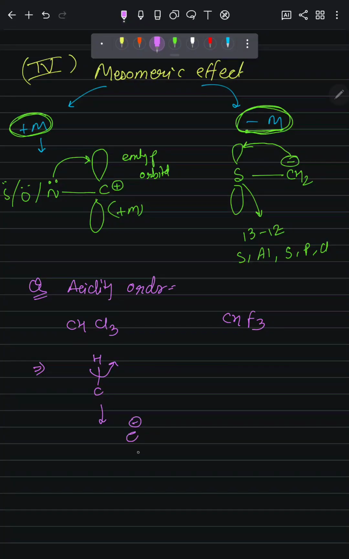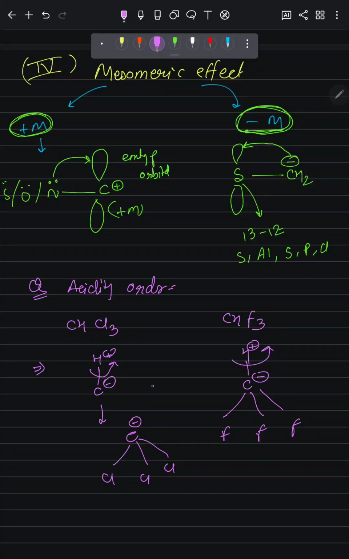So carbon with negative charge and these three chlorines are present here. And according to this molecule, here also a carbon, hydrogen and three fluorines are present. So it also has a negative charge if this hydrogen goes, taking plus charge with it.